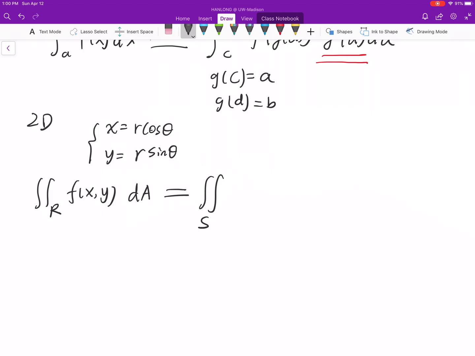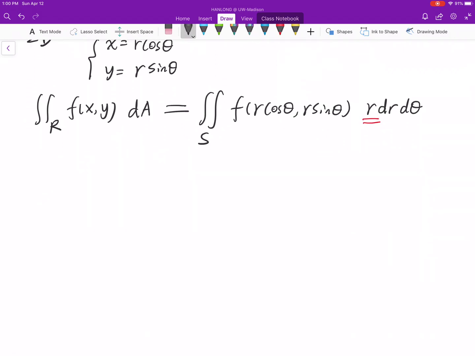The domain is transformed to S in its polar coordinate system, and the function is f(r cosine theta, r sine theta). And then we have r dr d theta. So here you have r as your actual factor.